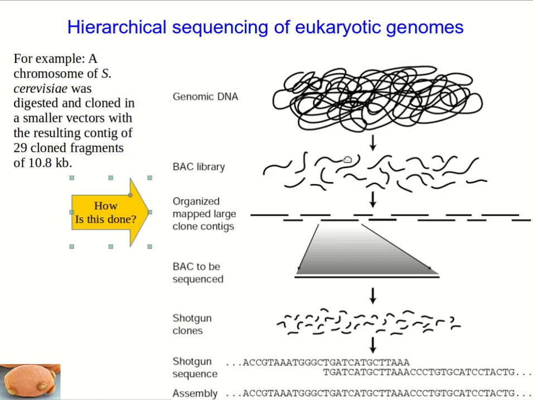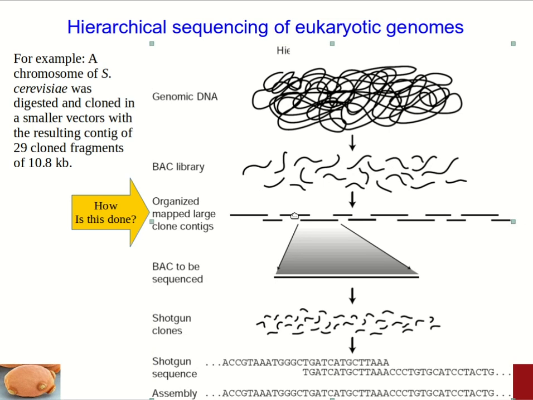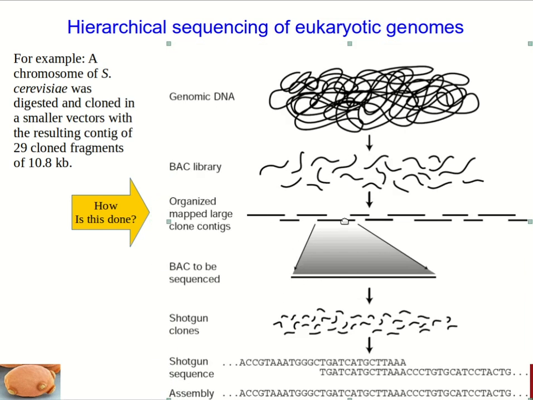After creating a library out of these large clones, this library is organized along the sequence of the chromosome. And when we have done this ordering, each of these clones is treated as if it were a prokaryotic genome, in a way.